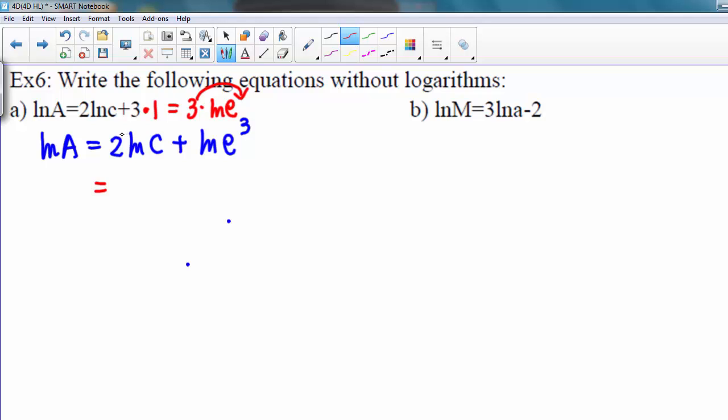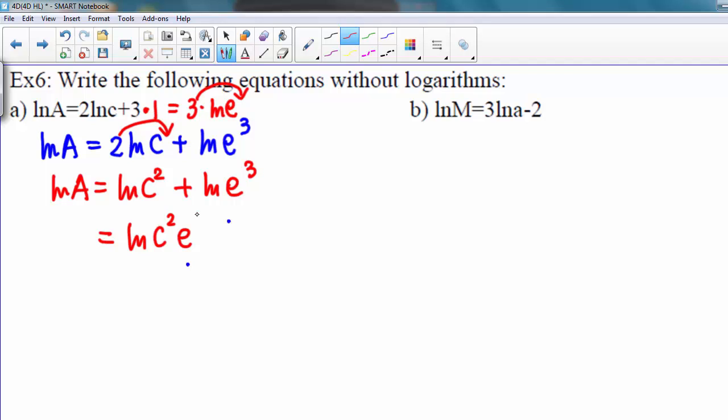And the same for this coefficient 2, I need to bring this 2 back to the exponent. So it's ln a equals ln c squared plus ln e cubed. On the right side, with the plus in the middle, I can multiply the arguments by using the product law. So it's ln a equals ln of c squared times e cubed.